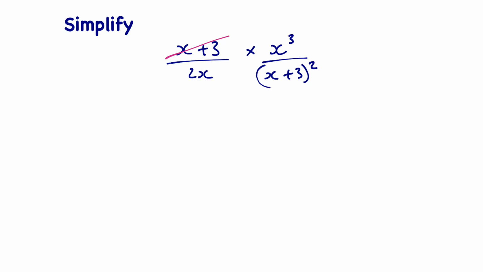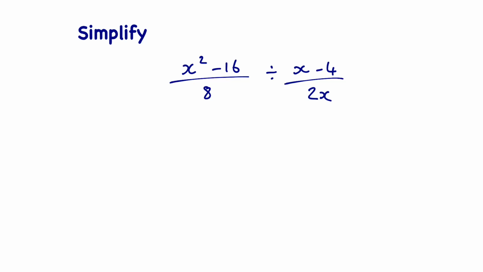So we get left with x plus 3 in the bottom, and then we can cancel the x terms, so that x cancels out and one of these cancel out, and that leaves us with x squared on the top and 2 multiplied by x plus 3 on the bottom.